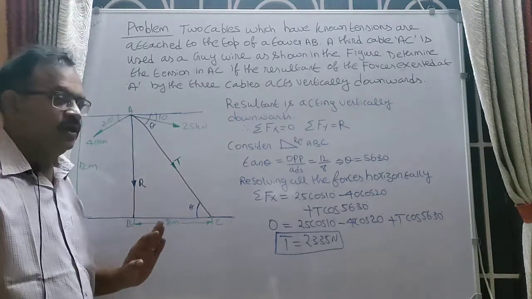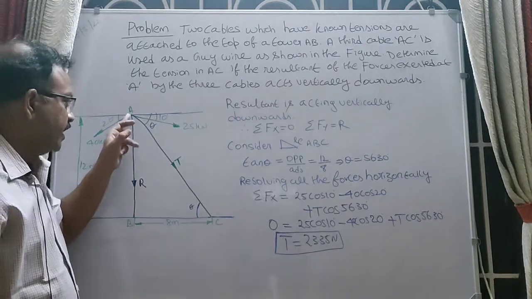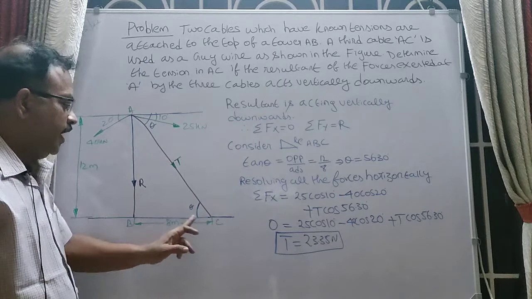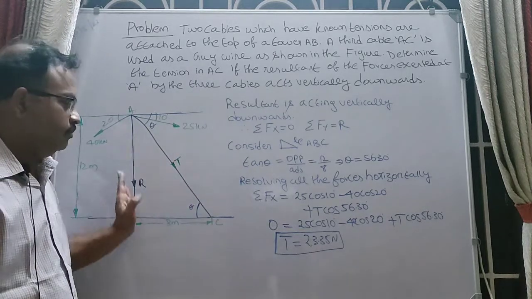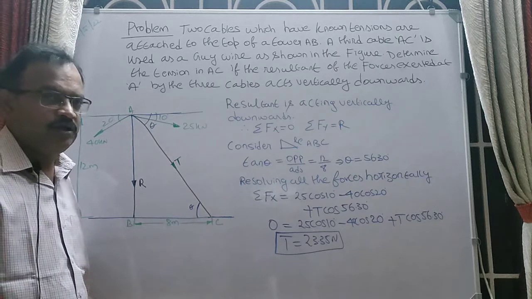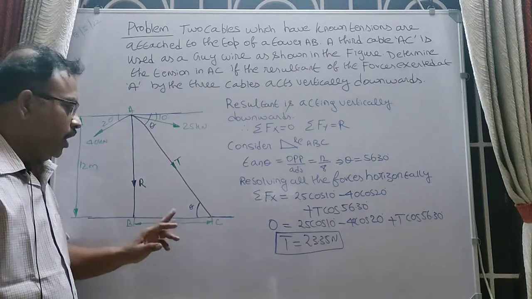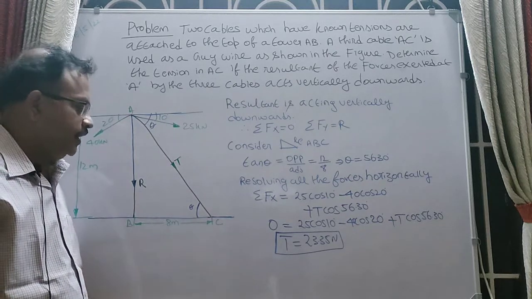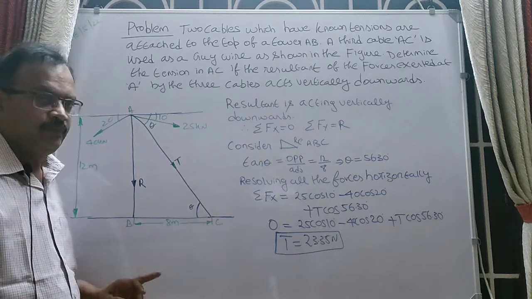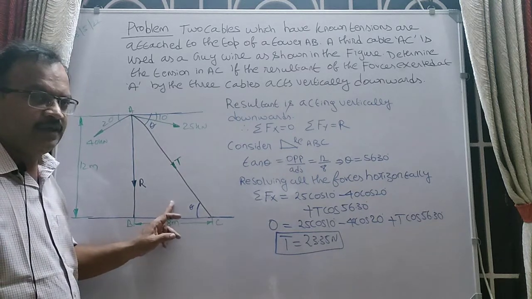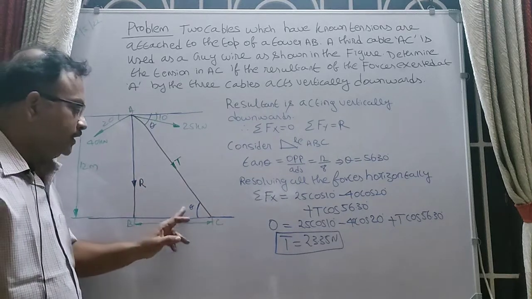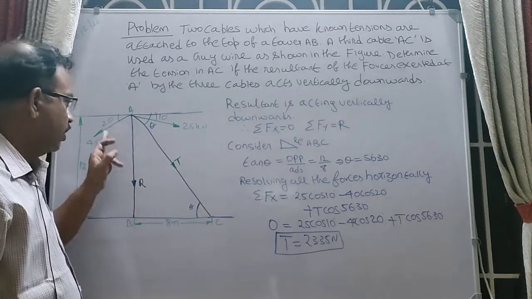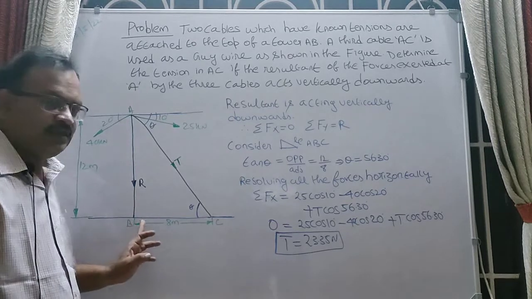How to determine the angle theta? Now you consider the triangle ABC. This forms a right angled triangle. Now I am going to determine the value of theta. I am going to take tan theta. What is tan theta? Tan theta is nothing but opposite side by adjacent side. What is the opposite side value? It is equal to 12 meters. What is the adjacent side value?